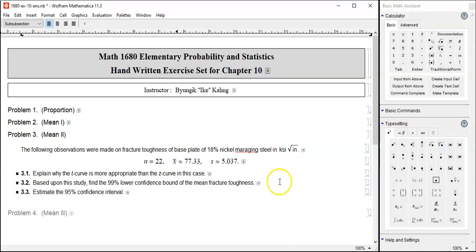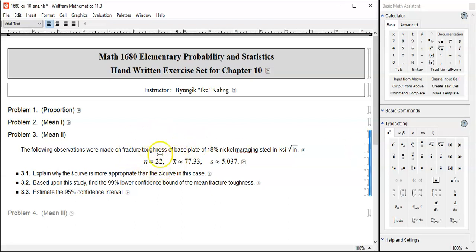Maybe not. In this particular case, the lower confidence bound makes a little bit more sense, because this is about fracture toughness. The researcher here is going to be keenly interested in screening out a substandard product. If things are going exceptionally well, that is no concern for us.